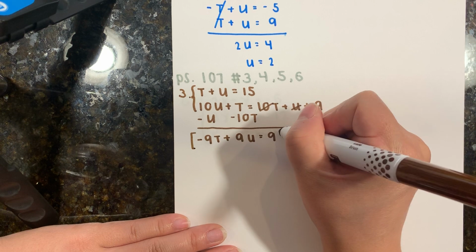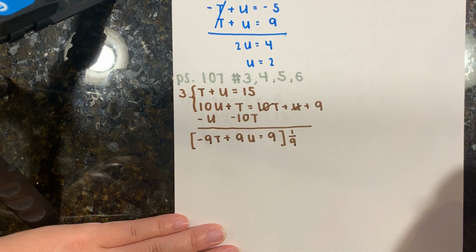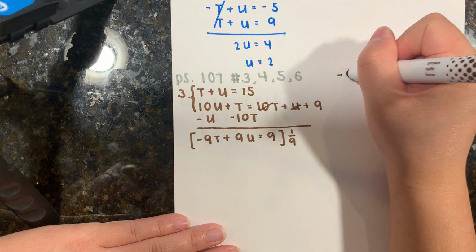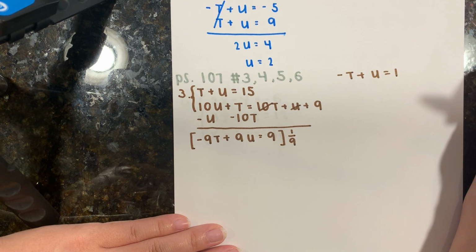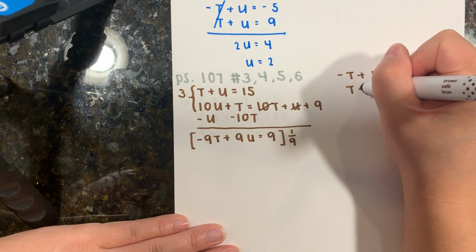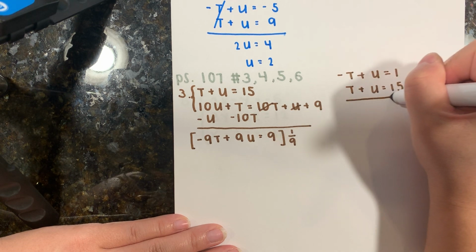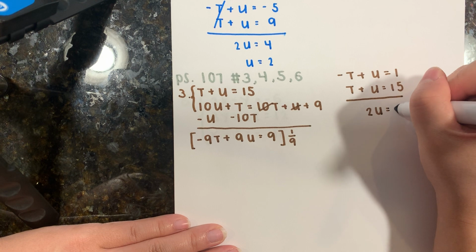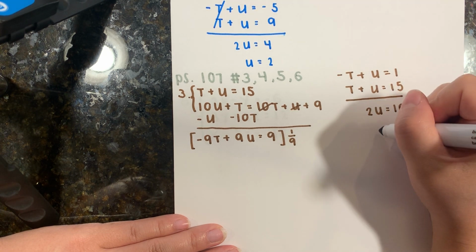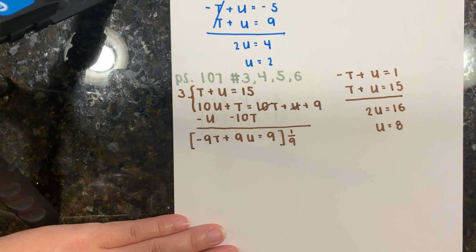So you should notice that all three of those numbers are divisible by 9, which means that you end up with negative t plus u is equal to 1. And that would easily eliminate with t plus u is equal to 15. That would give you 2u is equal to 16. So therefore your units digit is going to be equal to 8.